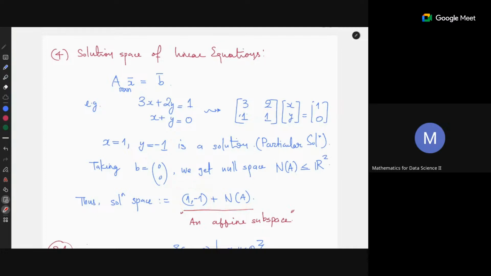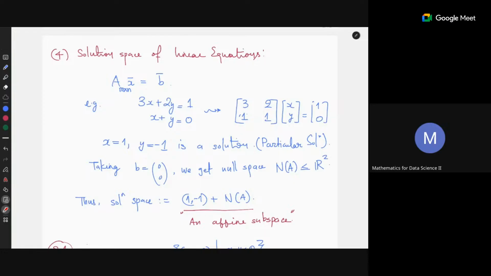Any other solution is just the particular solution summed with an element of the null space. This is an example of an affine subspace, because there is a subspace here and then there is a vector here. So it is a translated version of the null space. That is your solution space.